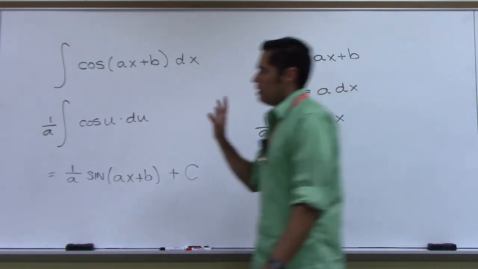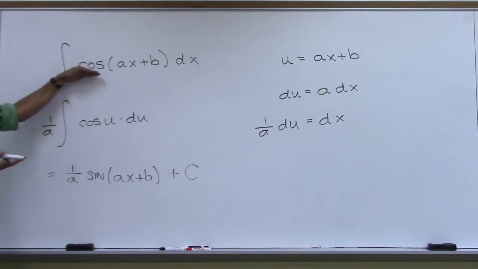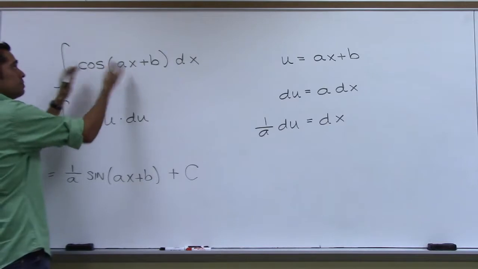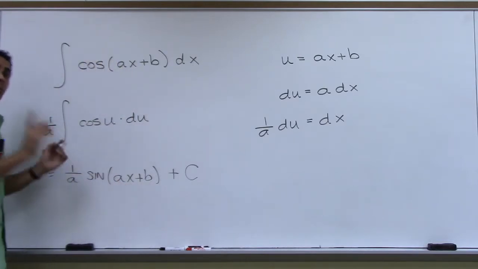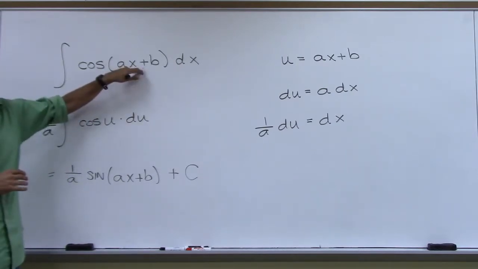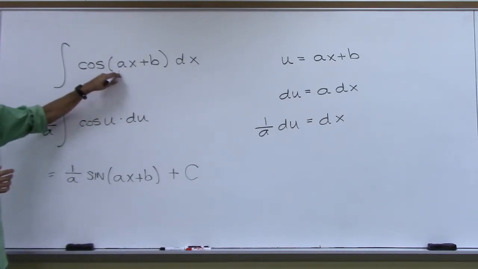So I think most of you at the beginning would have said, hey, the antiderivative of cosine is sine, right? So it would have been nice if the answer to this would have just been sine of this. It almost is. What's the only thing that's different? The 1 over a. That's always going to happen if this is a linear expression. You'll always have to scale out the number in front of x.